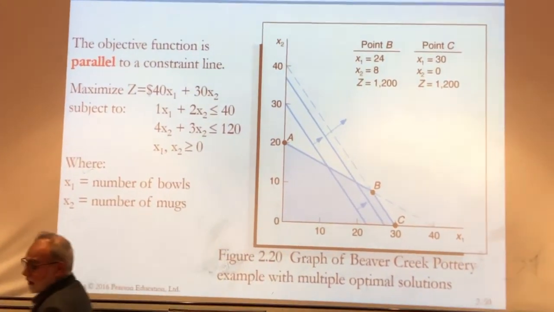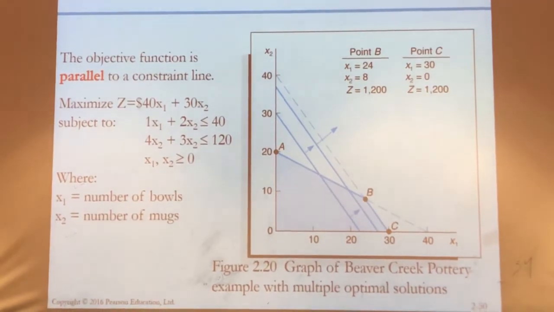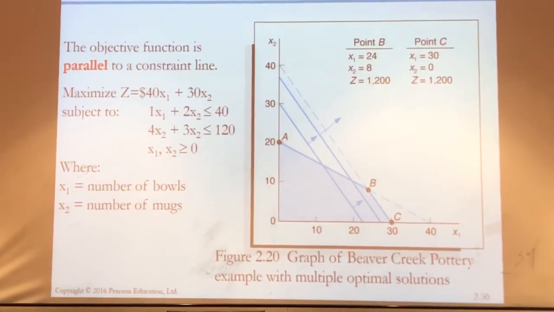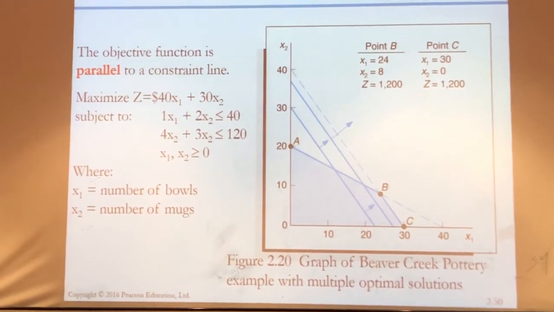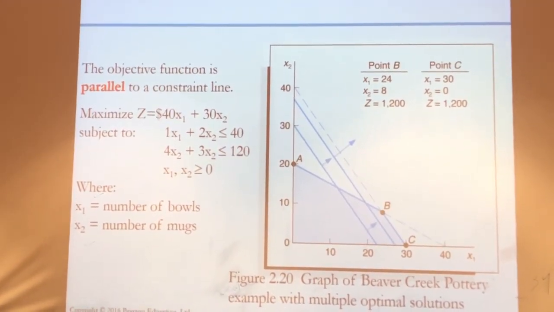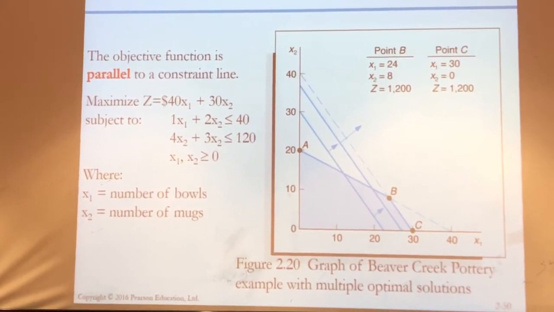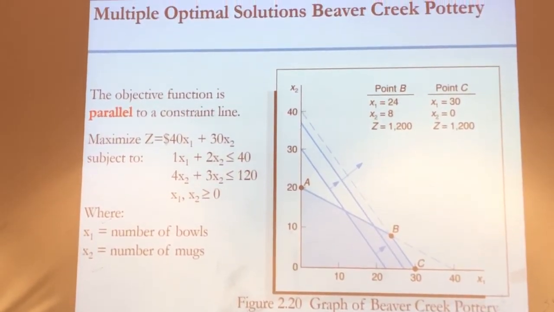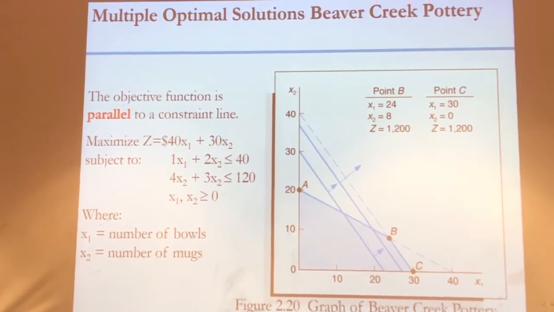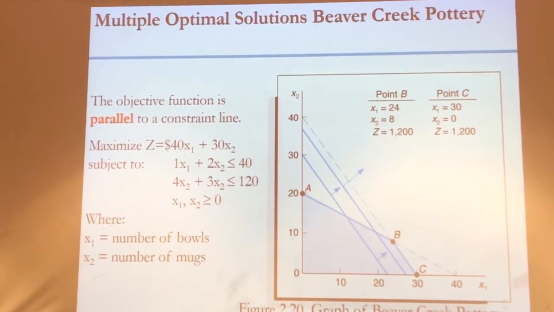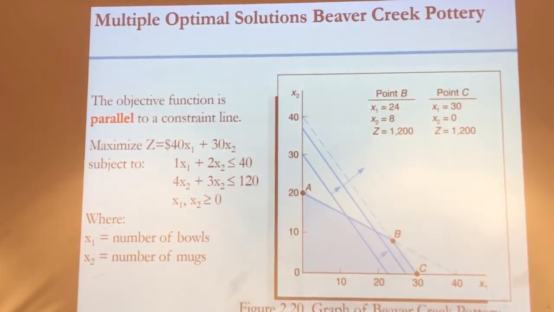So in a nutshell, what we can say is that if the objective function slope and one of the active constraints, not a redundant constraint, an active constraint, have the same slope, then we will have multiple optimal solutions.